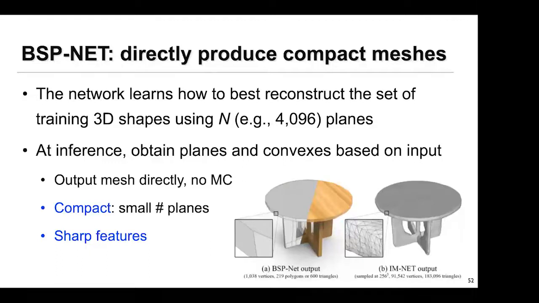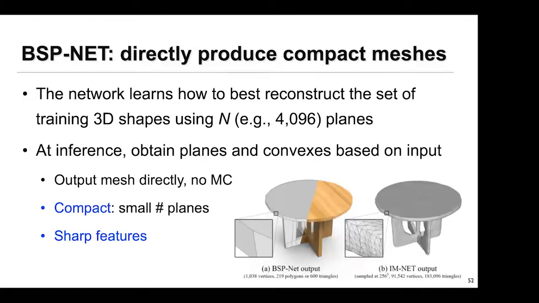It's not like for RvNN, where you generate an implicit field, and from the implicit field to the mesh you have to do marching cubes, as you can see from the image on the right. You get these small triangles, as is typically the result for marching cubes.